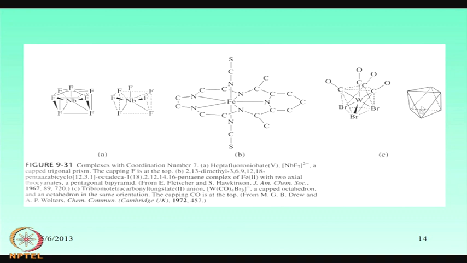So, this is this particular structure where we have the capping CO at the top. So, this capping CO will be here. So, below we have 3 Br and in another case we have 3 CO, still we have the 4th CO from this particular face, though we have some steric crowding.